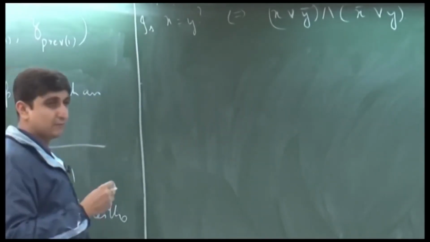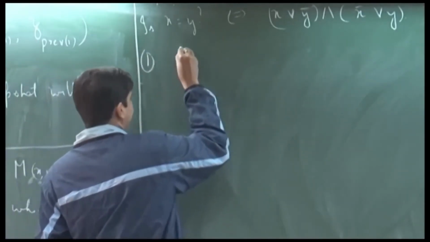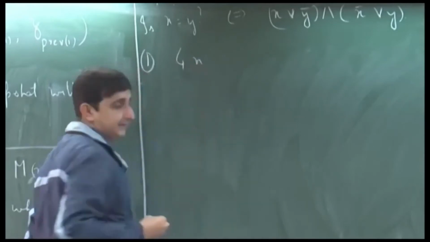So, how large is this in terms of the size of x and y? It is about 4n, right, roughly. So, for the first step you need a formula of length about 4n.